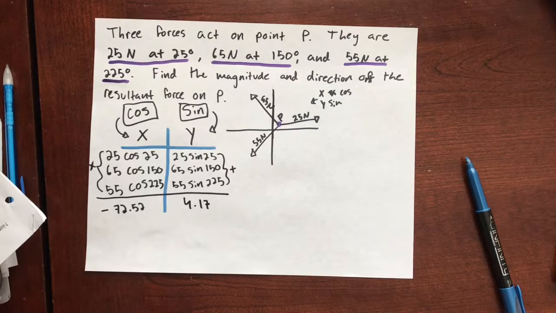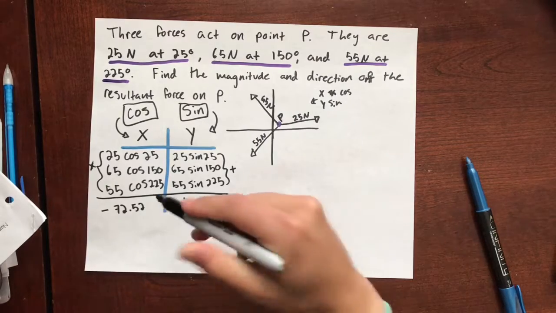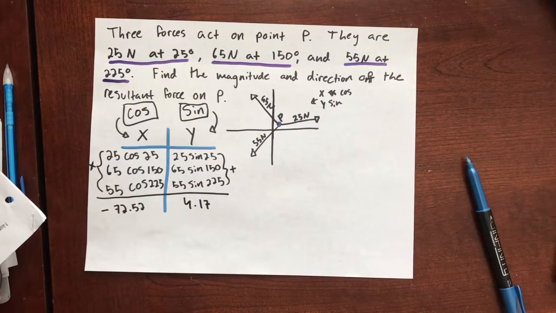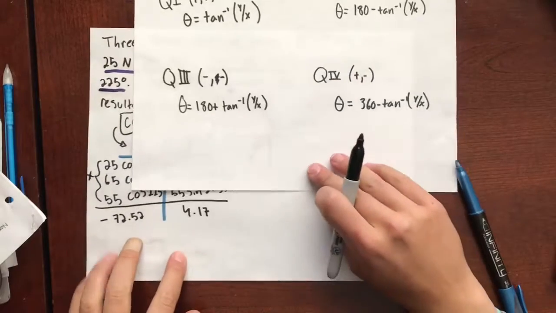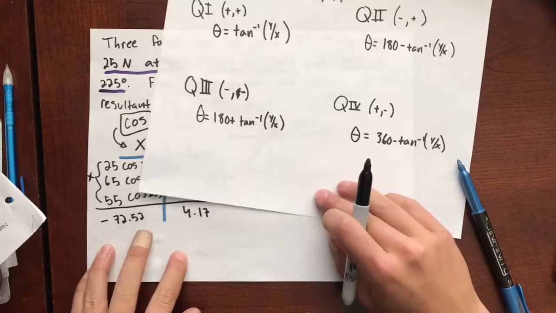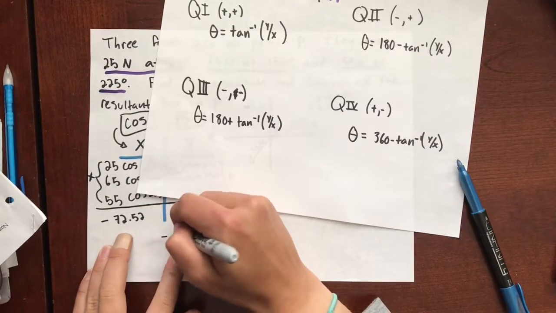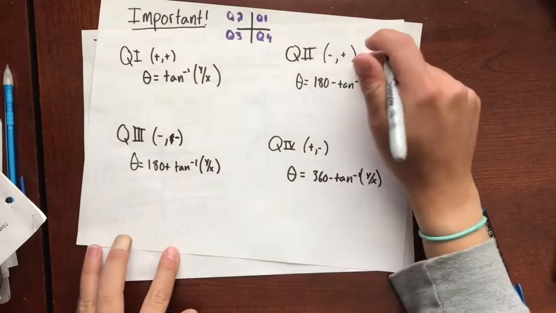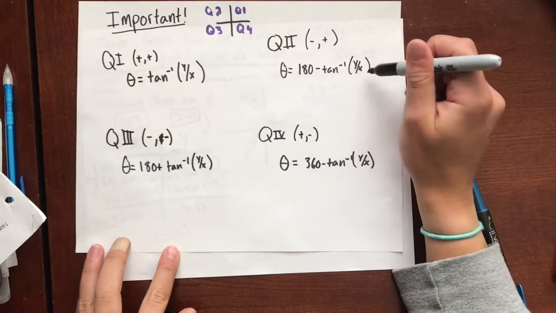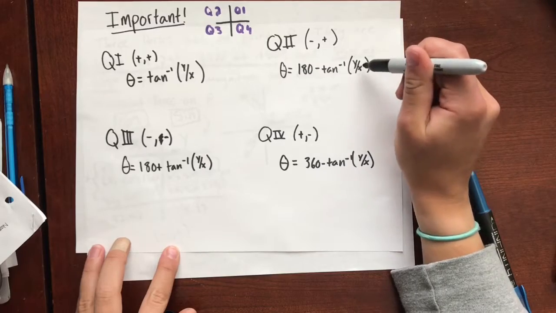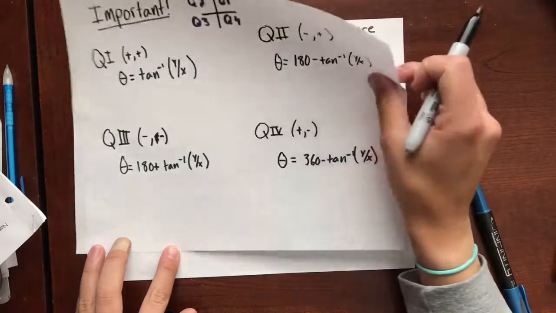Okay, so we know that these points are in, so we can come back to our important sheet. We find that our X values are, we have a negative and a positive. So that's going to put us in quadrant 2. So we're going to be using this equation in quadrant 2 to solve for our direction.